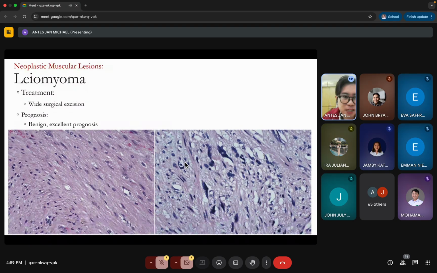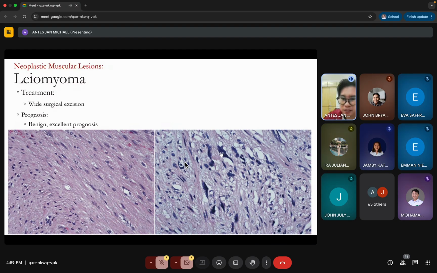As you can see here, the nucleus doesn't have a uniform shape. It's more angular right now. The size is bigger, and you can see the difference in hyperchromasia of the nucleus. Others are very basophilic, the others are light.